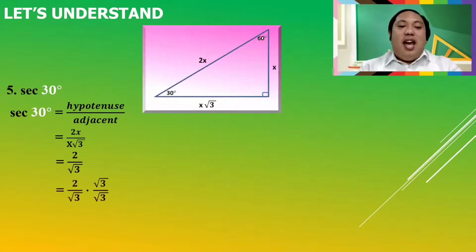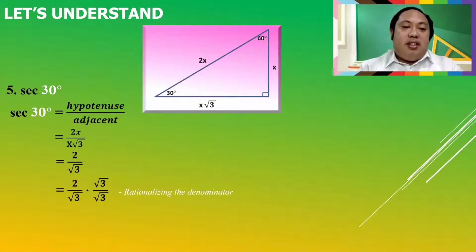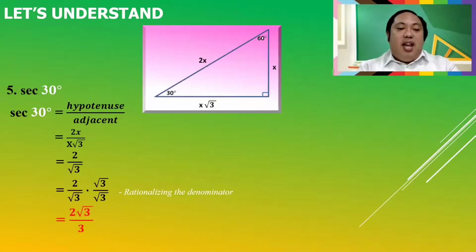Then, we have 2 over square root of 3 times square root of 3 over square root of 3 by rationalizing the denominator. Then we have 2 square root of 3 over 3. Therefore, secant 30 degrees is equal to 2 square root of 3 over 3.